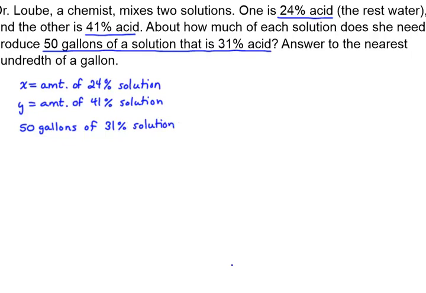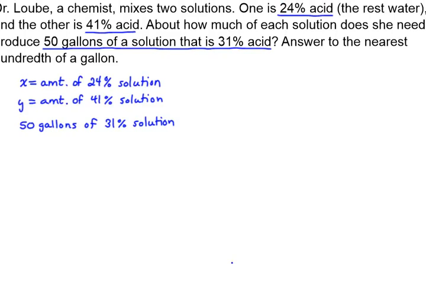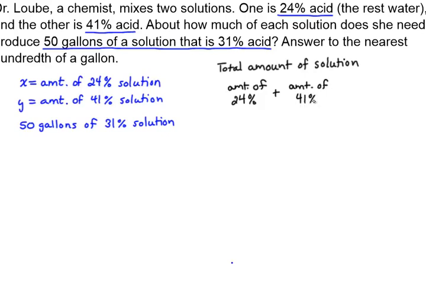So we're going to write 2 equations. The first equation that we are going to write is going to deal with the total amount of solution. Okay, so basically we have the amount of 24% plus the amount of 41% will equal the amount of 31%.